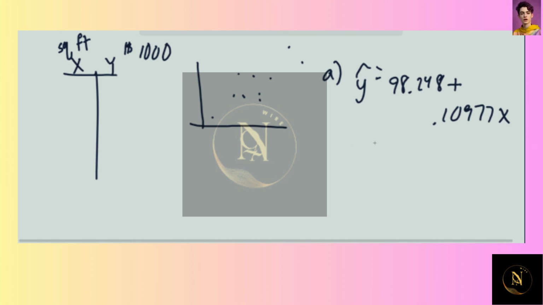Part B asked, is the regression equation significant? If I look at the graph, I see a positive association. It's not perfect, but my R value is 0.762.